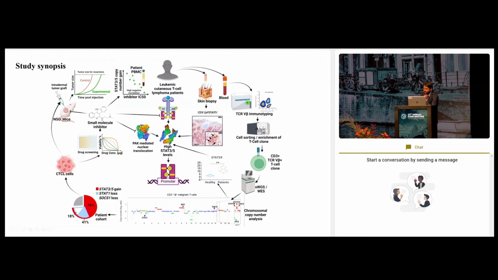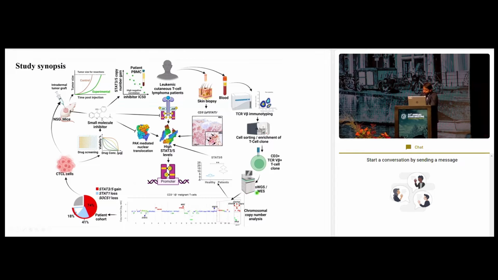From the PBMCs, we look at the TCR-V beta immunospectrotyping to find the TCR-V beta positive malignant clones. Upon finding the malignant clone, we do cell sorting to enrich it, and from that clone we isolate the DNA and go for shallow whole genome and whole exome sequencing.